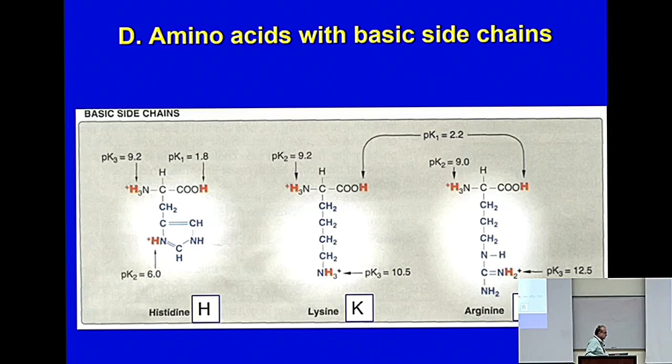Hence its important role in many different proteins and the way these proteins behave physiologically. Histidine is unique because the pK2 of its R chain is very close to physiological pH, and therefore it has the capacity to either donate or accept protons under physiological conditions.